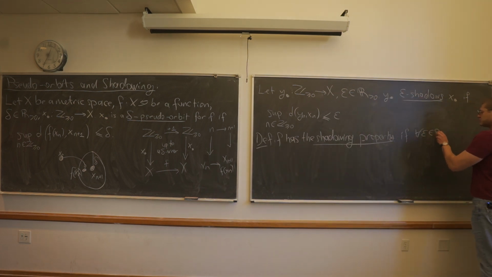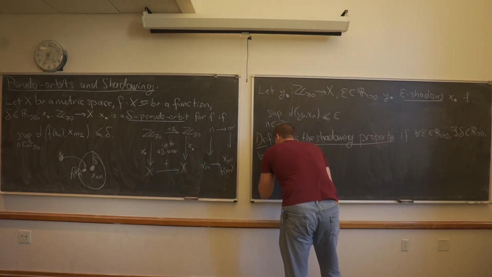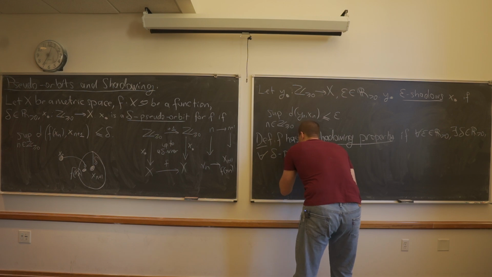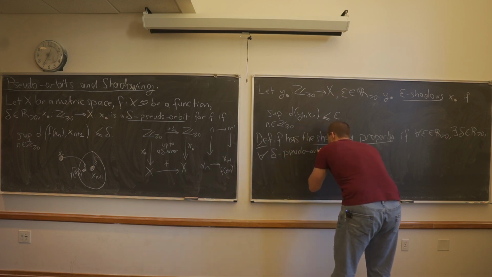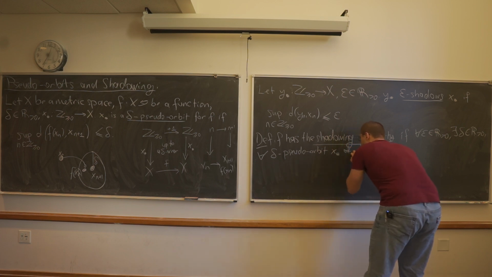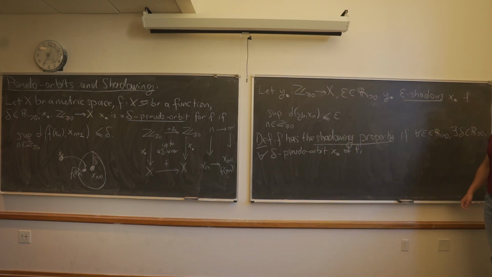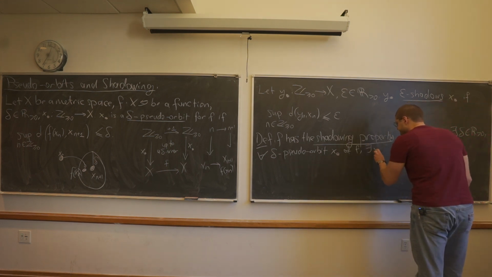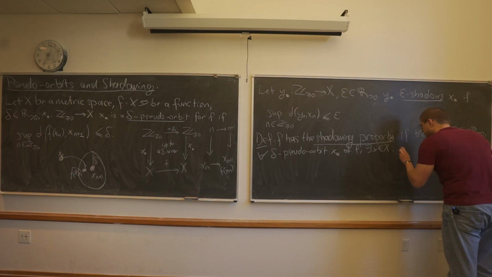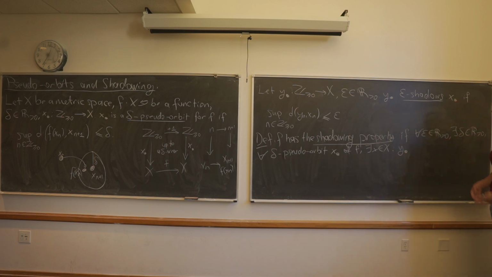For any epsilon, there's a delta. For any delta-pseudo-orbit x bullet of f, one can write it like this: there is some x in X such that y bullet, defined by the iterates, epsilon-shadows x bullet.